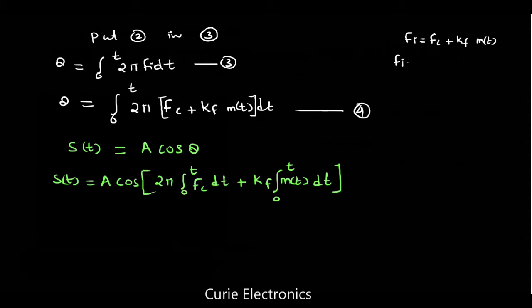What is this m of t? So f_i equals f_c plus k_f, with m of t equal to A_m cos omega_m t. When this cos omega_m t becomes 1, we will get the maximum frequency.